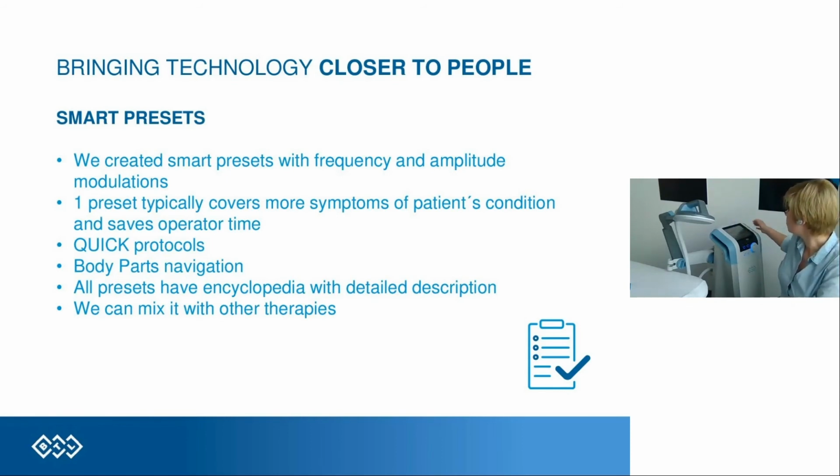But also, if we have some favorite protocols, in case of the patients who are coming to our clinic, we can save our quick favorite protocols. So actually, every preset protocol typically covers more symptoms of the patient's condition and saves operator time.